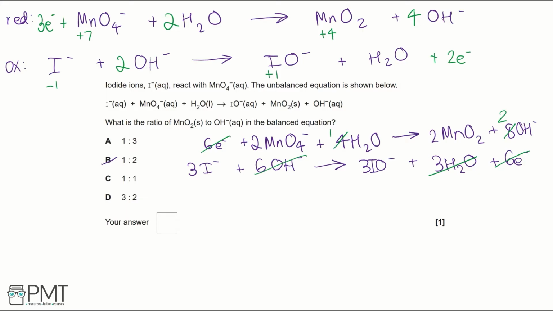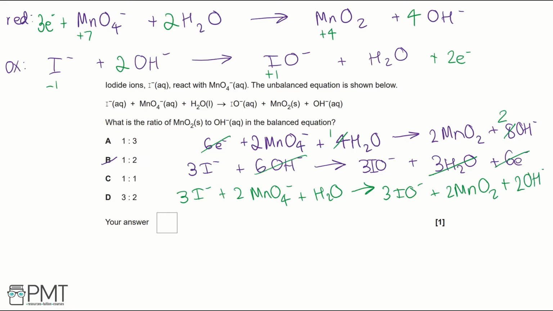So rewriting this overall balanced equation, we get 3I minus plus 2 MnO4 minus plus H2O, and then this goes to 3IO minus plus 2 MnO2 plus 2OH minus.